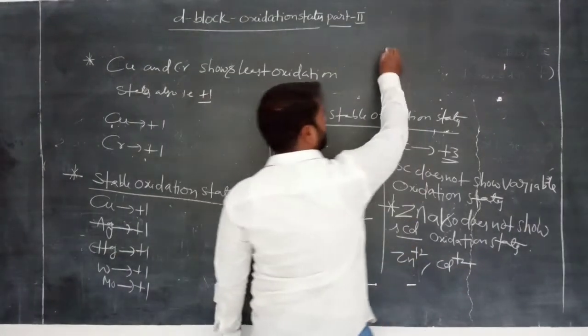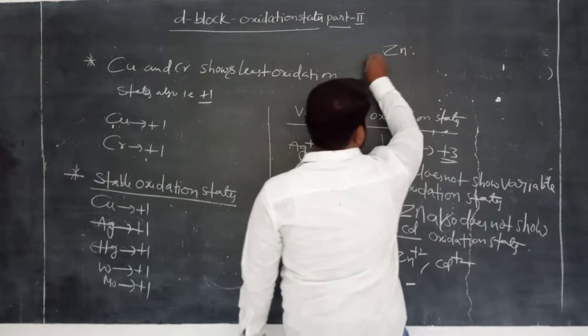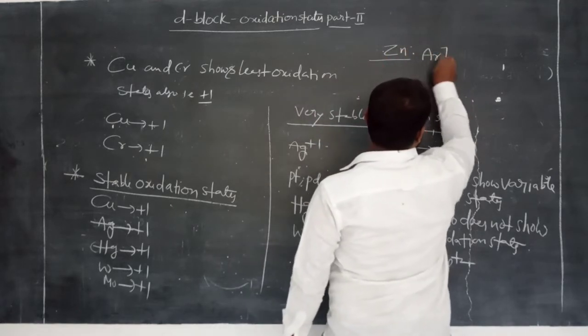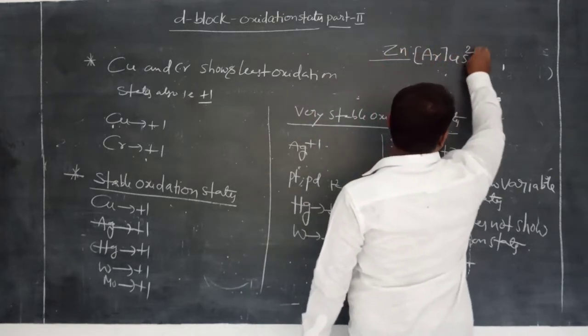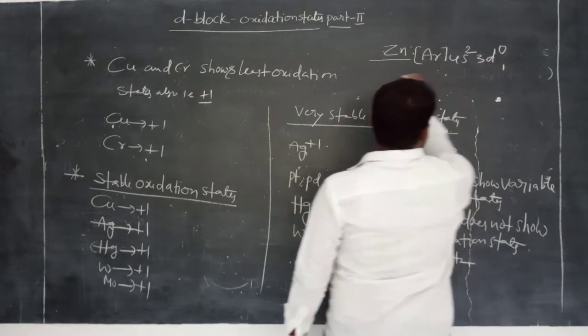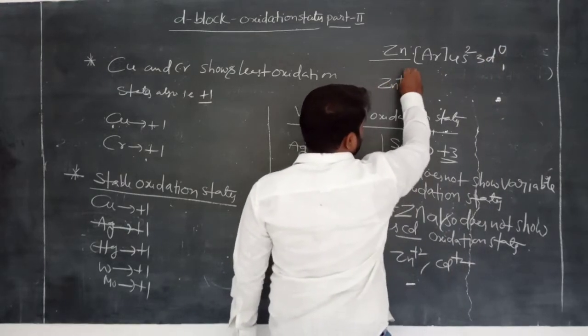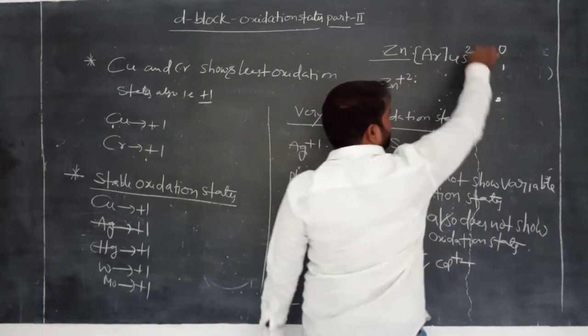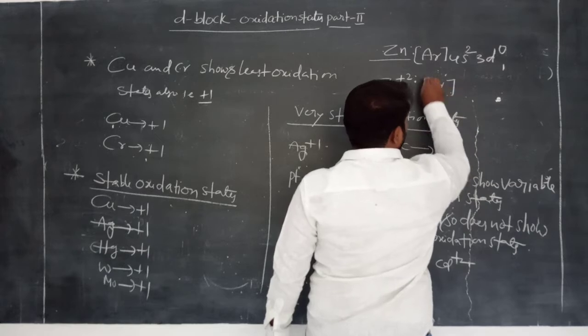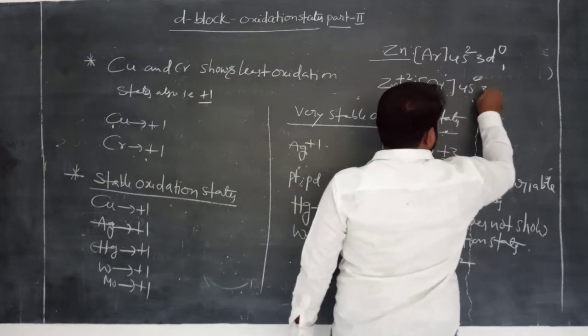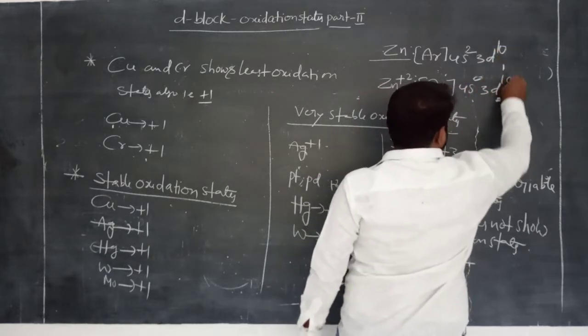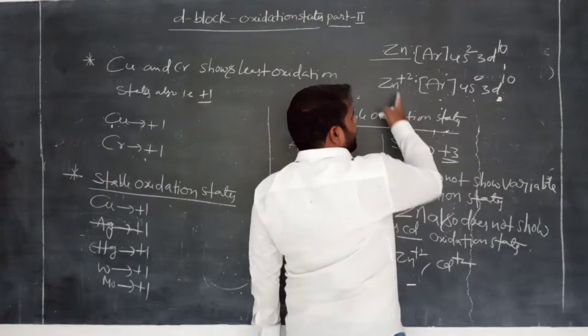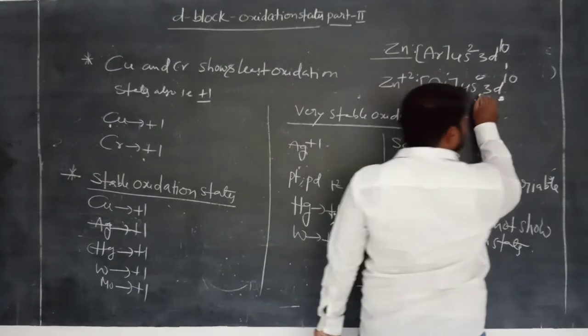Why? Because if we consider zinc, the electronic configuration is argon 4s2 3d10. Zn+2 means removing these two electrons, then it becomes argon 4s0 3d10. So in the case of Zn+2 it gets 3d10.